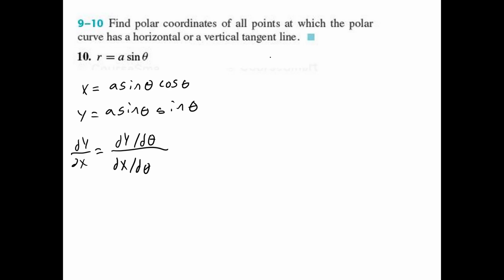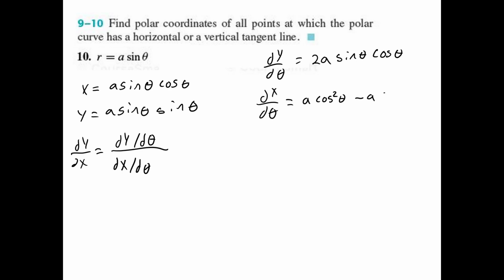So dy/d theta is equal to 2a sine theta cosine theta. Dx/d theta is going to be a cosine squared of theta minus a sine squared of theta.